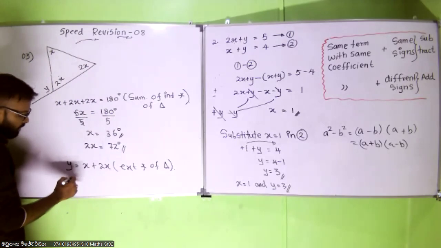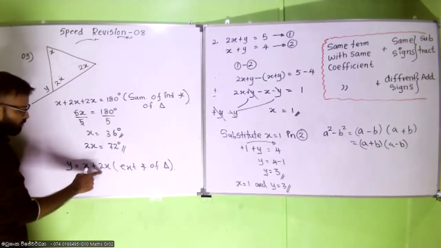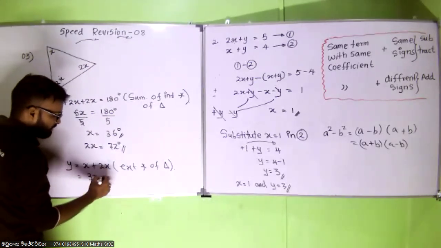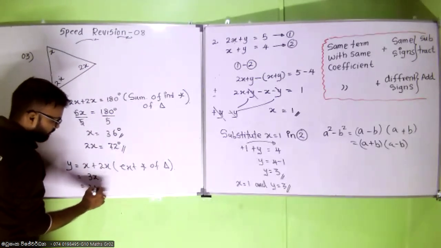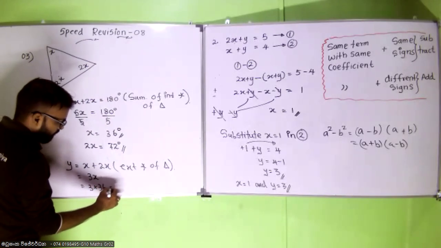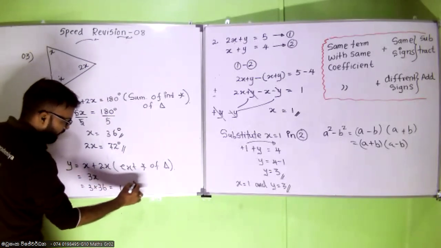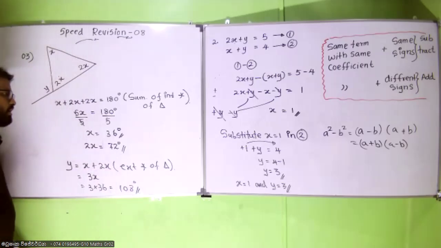So you know x, you know 2x. This is basically 3x. 3 times 36 is 108. So y equals 108.